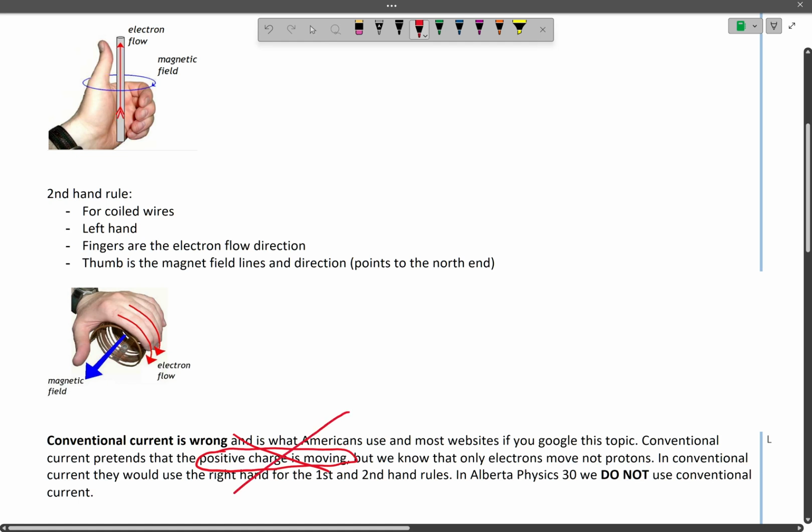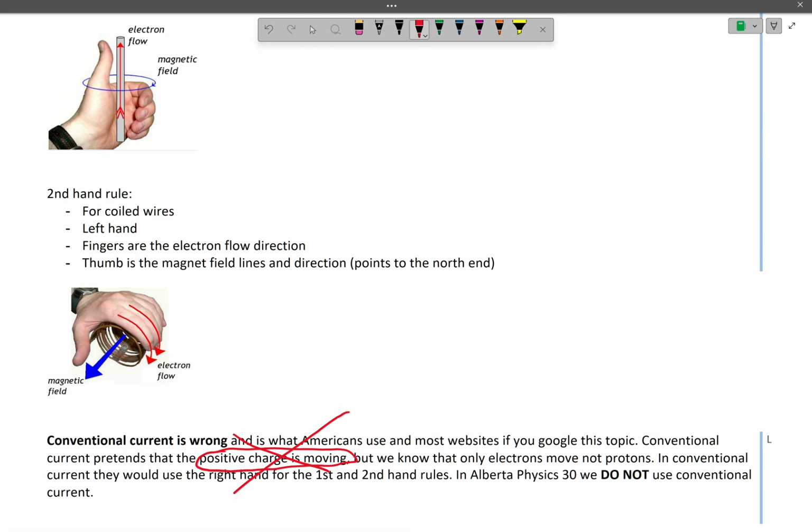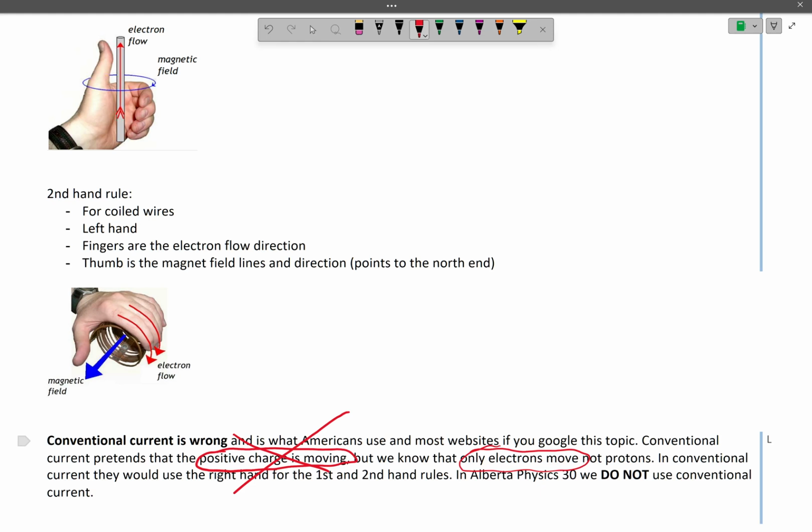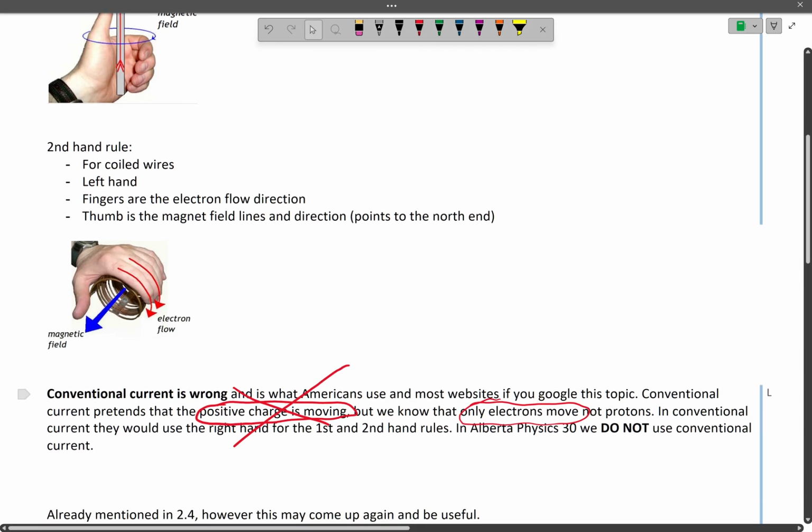In conventional current, they use the right hand for the first and second hand rules. In Alberta Physics 30, we do not use conventional current. We talk about the true reality of it. We know that only electrons move, not protons. So electrons moving, that's what we're doing. That's why we're using our left hand, because it's negative. Right hand is positive, left hand is negative.